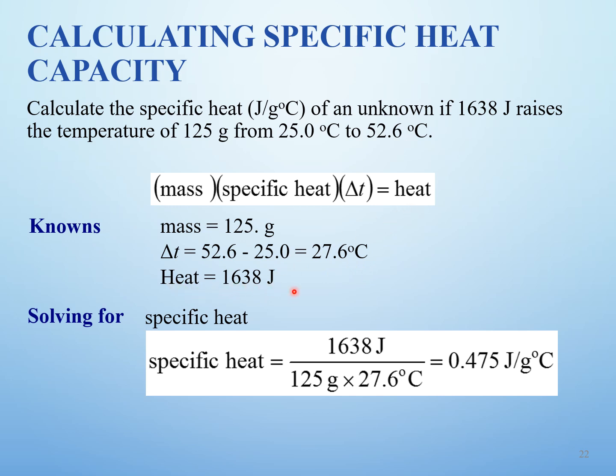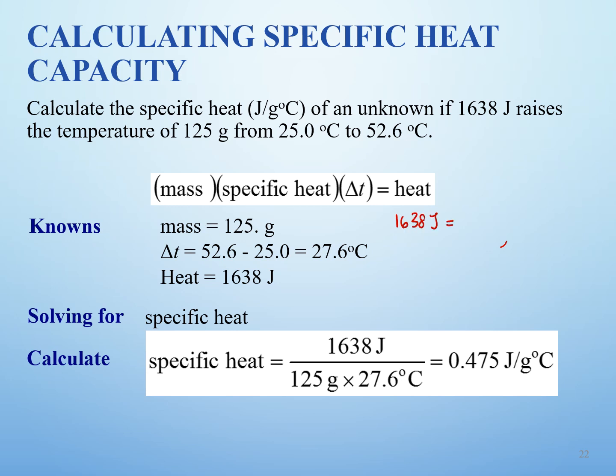What we have to do is solve for the specific heat. So let me write the equation out, and then you can see why you solve your specific heat like this. Let's write it out. So Q is 1638 joules.